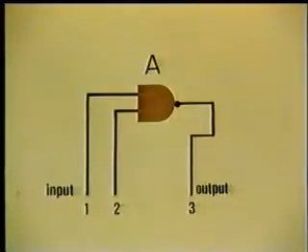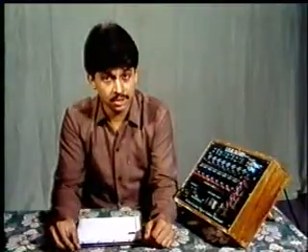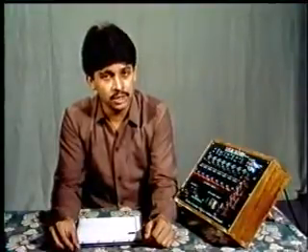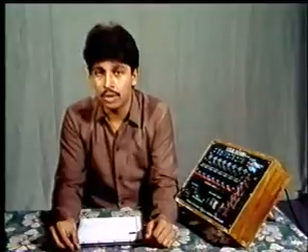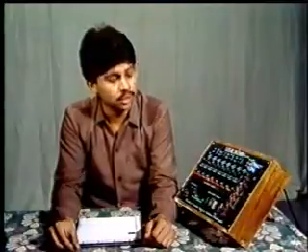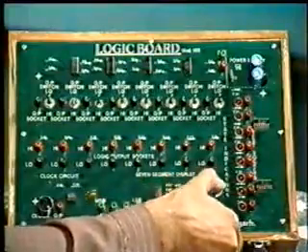Let us work with gate A. For this, we need regulated power supply for the IC and logic inputs for the gate under test. These are supplied by the logic board. Switch on the power.